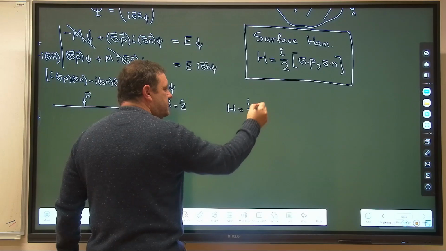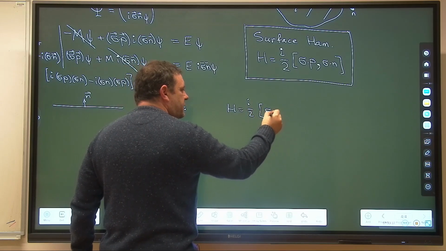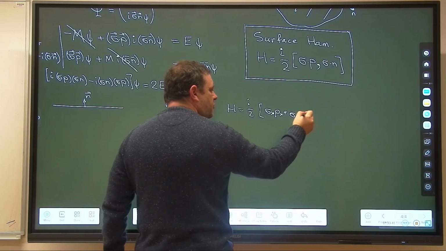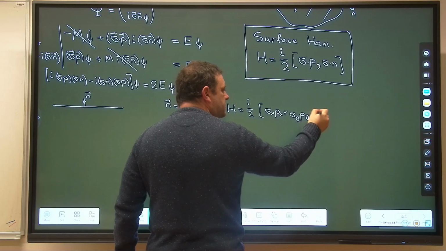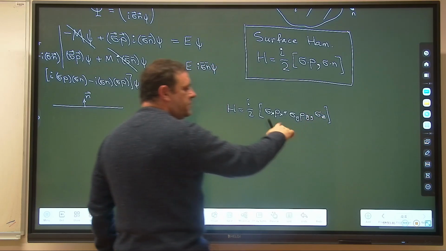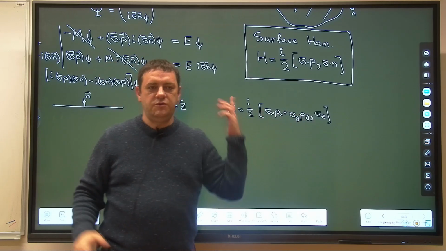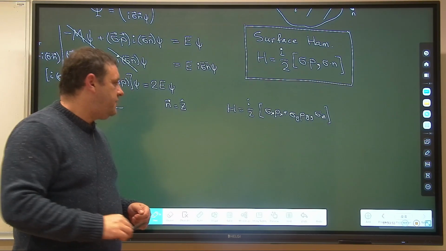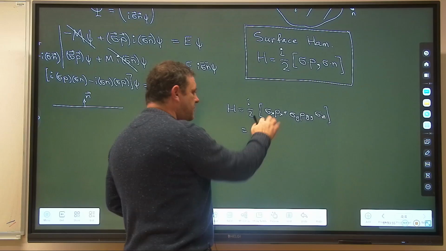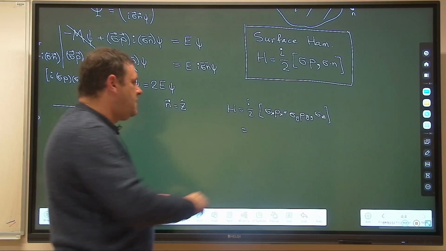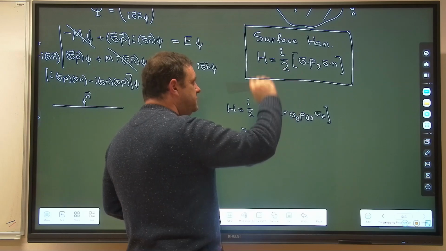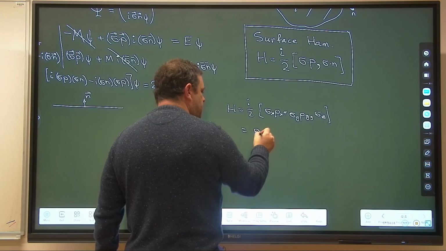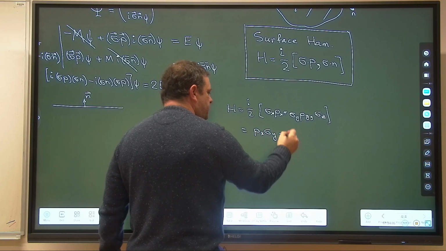I over 2 commutator of sigma x px plus sigma y py with sigma z. And I don't add here sigma z pz because they do commute and it will be 0. So if anybody remembers commutators of sigma matrices, x with z is minus 2i y, so it's px sigma y minus py sigma x.